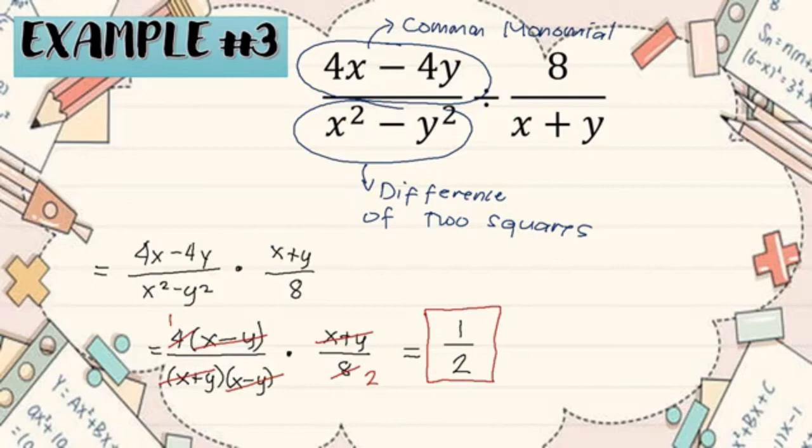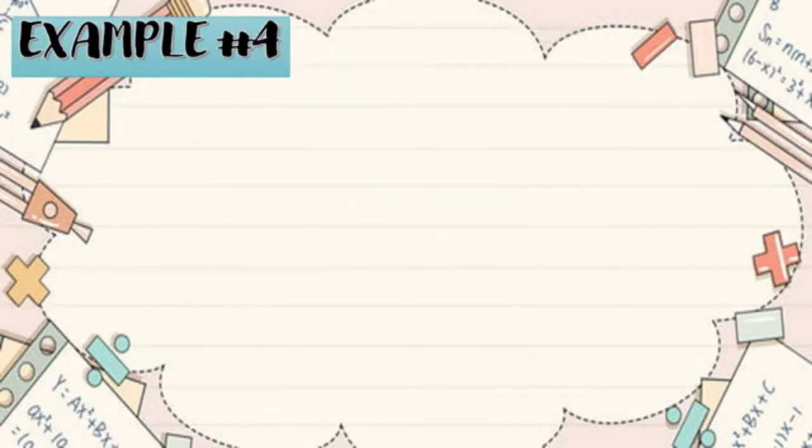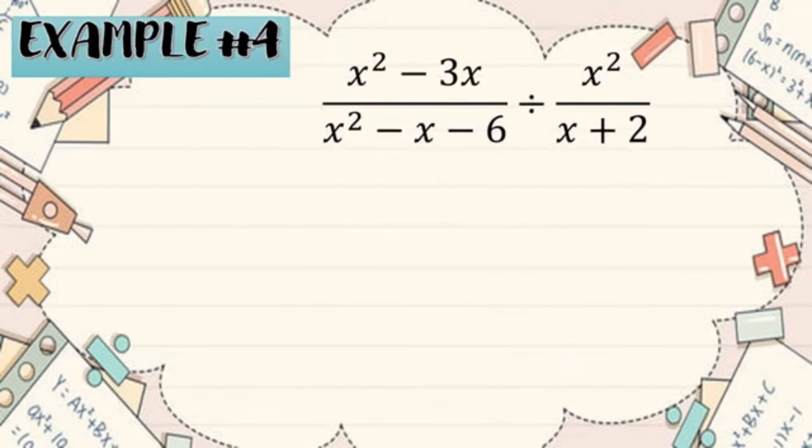Now, let's move on to the next example. Example number 4. X squared minus 3x all over x squared minus x minus 6 divided by x squared over x plus 2.